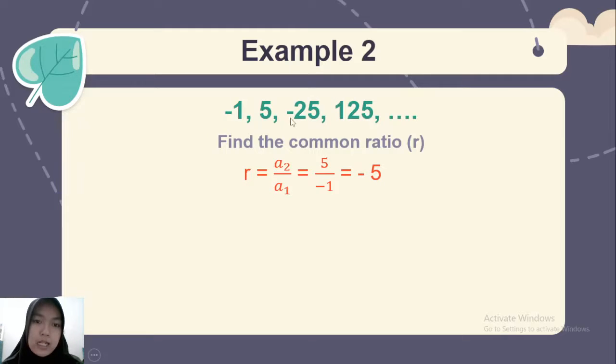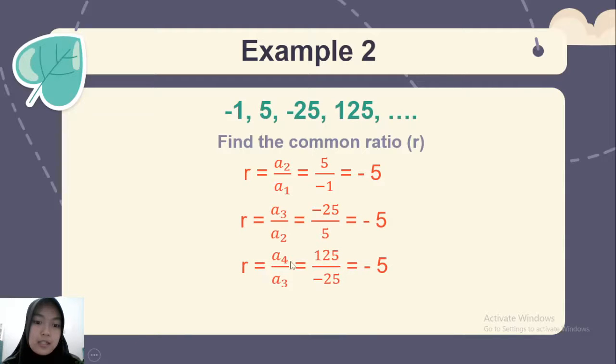Next, the ratio of the third term and the second term, where r is equal to a sub 3 divided by a sub 2. Our a sub 3 is -25, and our a sub 2 is 5. So, -25 divided by 5 is also equal to -5. And last, the ratio of the fourth term and the third term, where r is equal to a sub 4 divided by a sub 3.